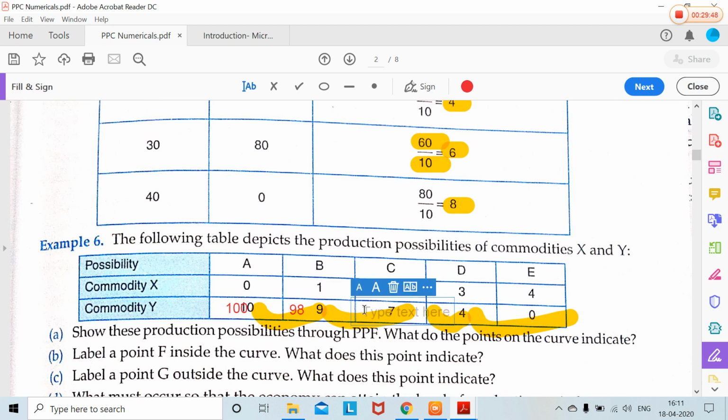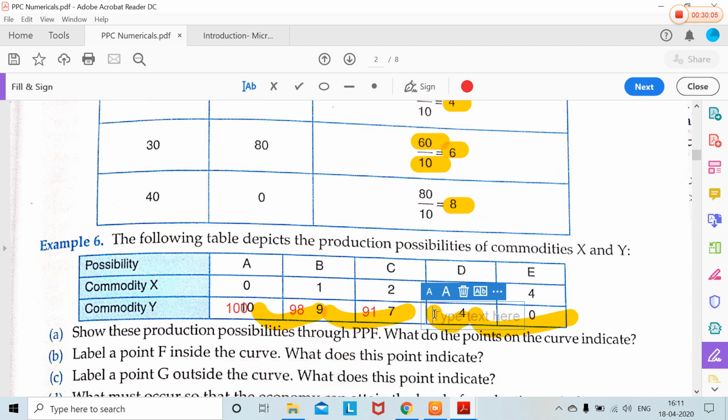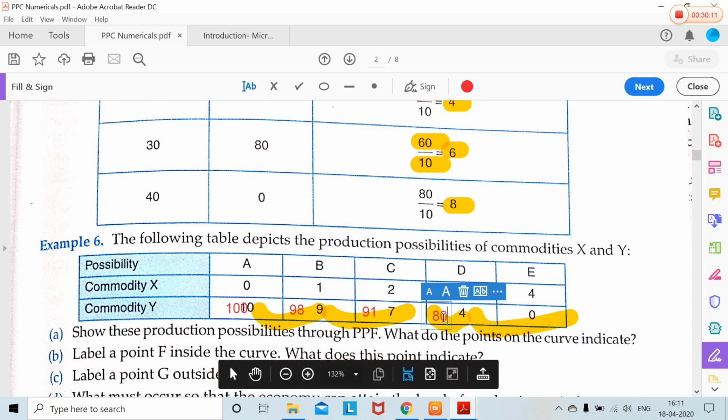Next time I'm losing more than that, so it would be any number where you are losing more. So let me take 91. This time I have shown a loss of 7 units. Then I have to take any number which shows a loss of more than 7 units. So let me take 80. This shows a loss of 11 units.